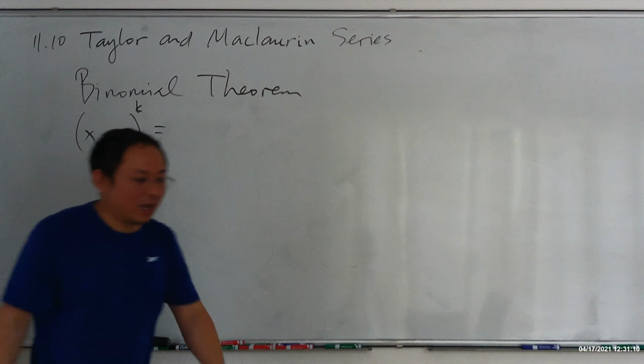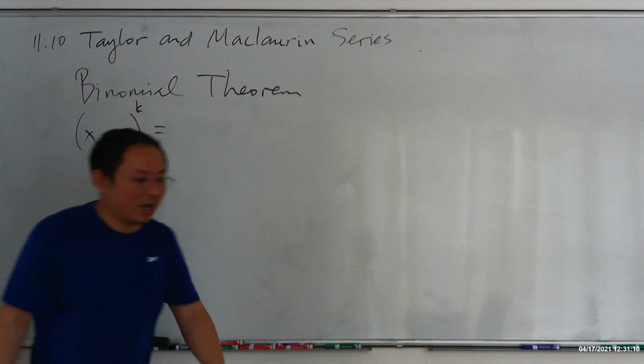Okay? So this is k choose 0 x to the n plus k choose 1 x to the n minus 1 times y plus k choose 2 x to the n minus 2 y squared. I use k already, so not n. k here, k there, then y squared plus and so on.